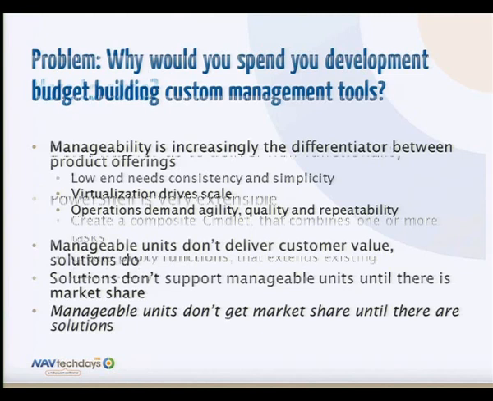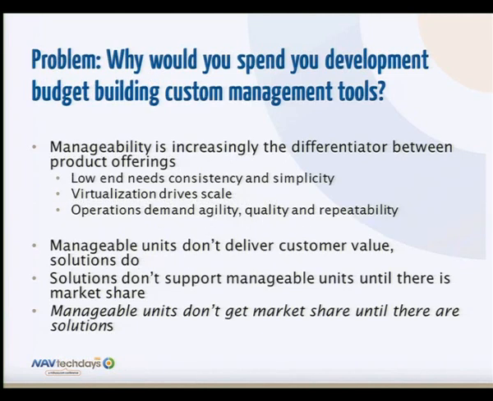And then we have a little chicken and egg problem here. When we have manageability, it's very good because it's solving problems. If you're doing stuff in an automated fashion, then it's easier for everybody to administer.